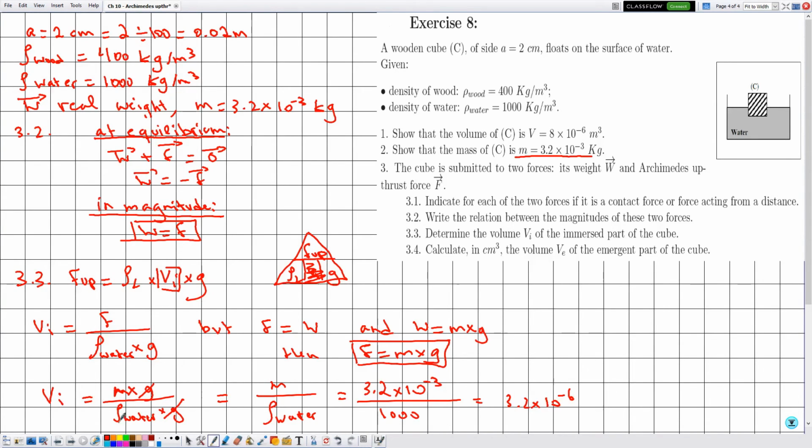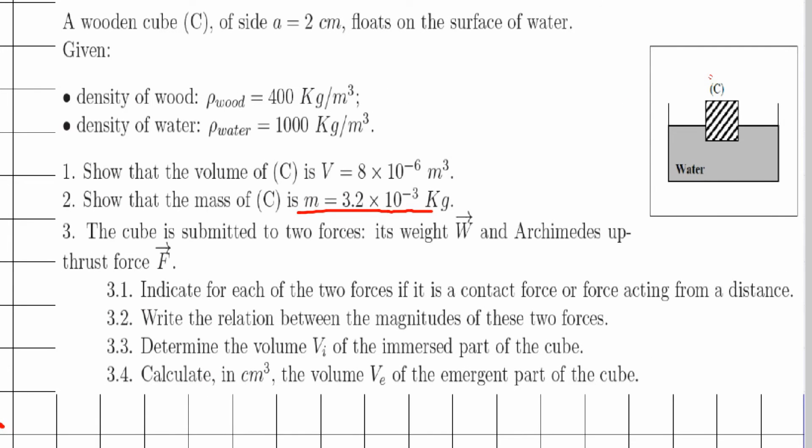Since everything is in the SI, the mass and the density, the unit of Vi will be in the SI, which is meter cube. So the volume of the immersed part is given by 3.2 times 10 to the power minus 6 meter cube. So Vi is equal to 3.2 times 10 to the power minus 6 meter cube.